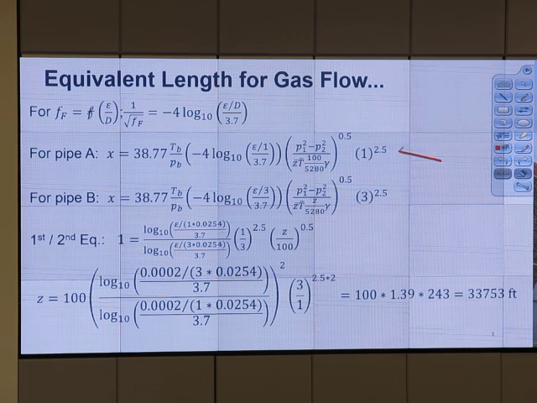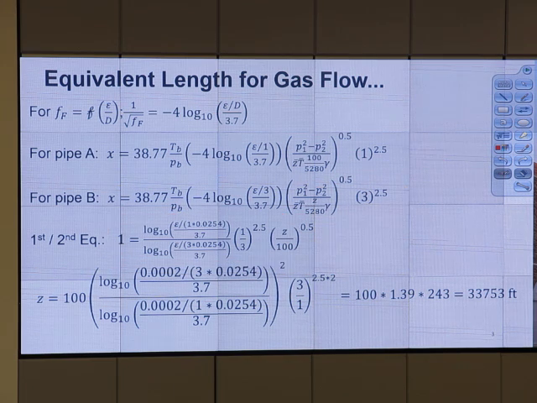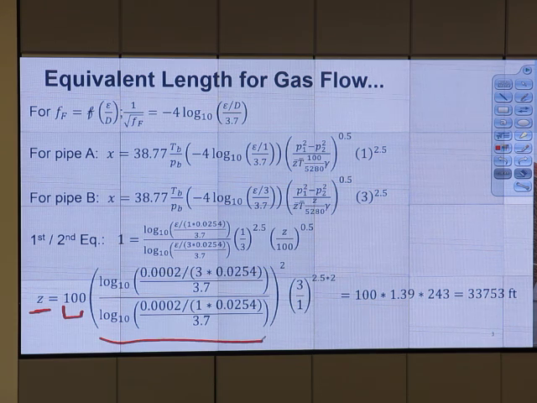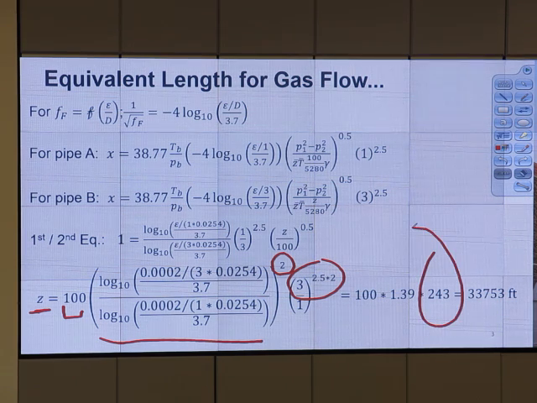So first equation divided by second equation, I get that. Okay. Rearrange it, I get z equal to 100 multiplied by some ratio squared multiplied by 3 to the power of 5. 3 raised to the power of 5, or 3 multiplied by itself 5 times, 4 times, we get 243.